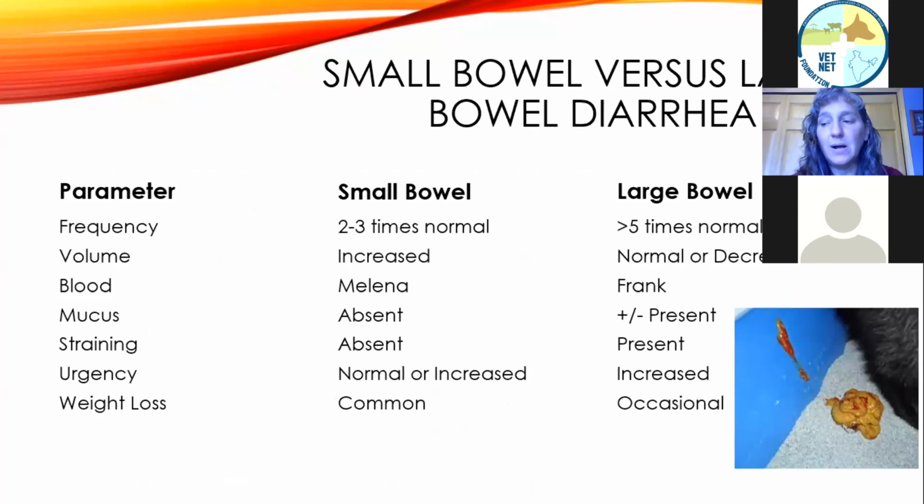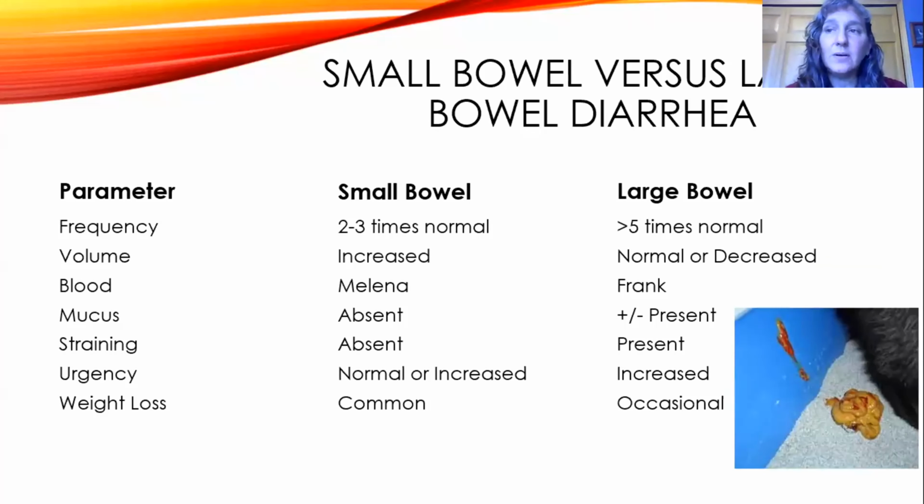Whereas with large bowel diarrhea, the frequency is much more frequent, with either a normal or even decreased amount passed each time. If blood is present with small bowel diarrhea, you will see digested blood or melena, whereas with large bowel diarrhea, there may be frank blood seen. Mucus is quite often seen with large bowel diarrhea, but not with small bowel diarrhea.